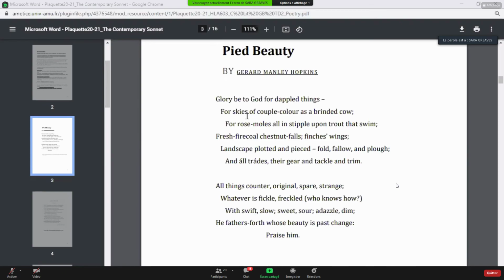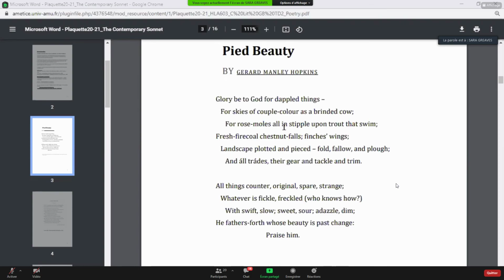Glory be to God for dappled things, for skies of couple color as a brinded cow, and all these consonantal clusters which make it difficult, as I think Narmeen was saying, to pronounce. And then the assonance as well. It's very ostentatious assonance and alliteration for rose, moles, all.